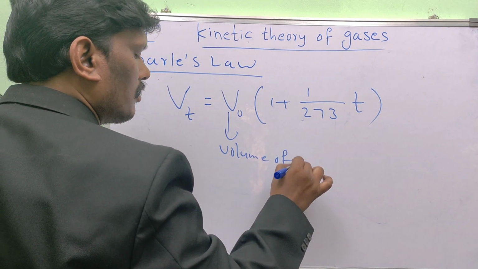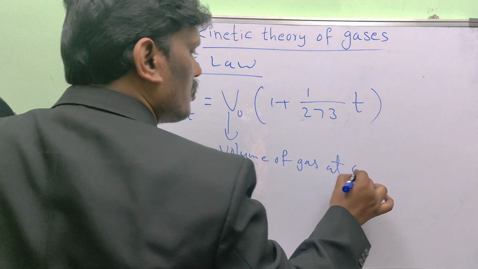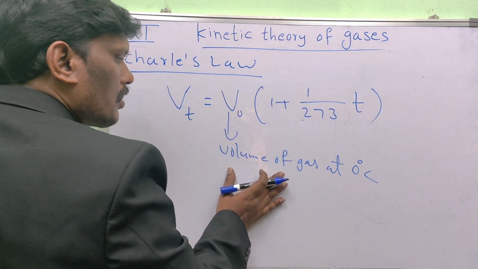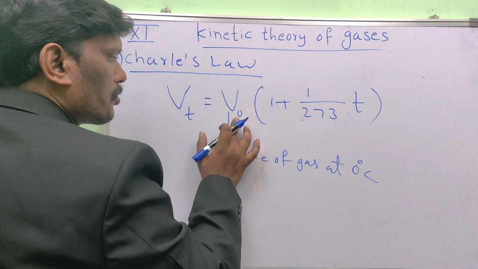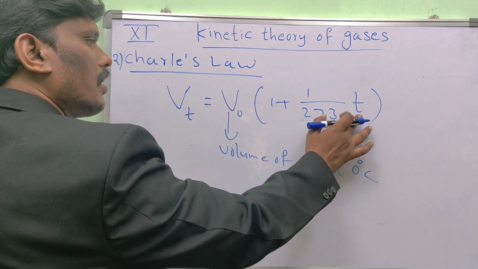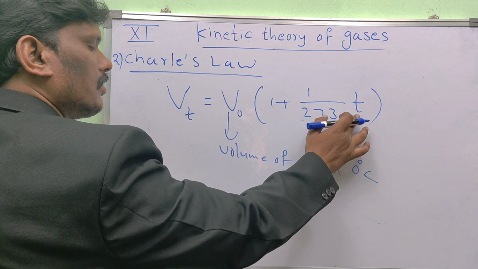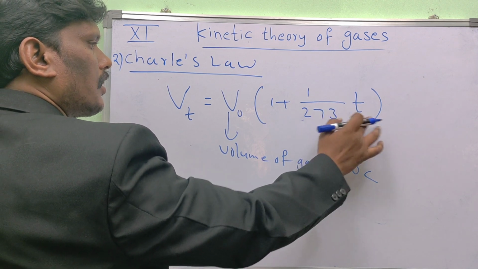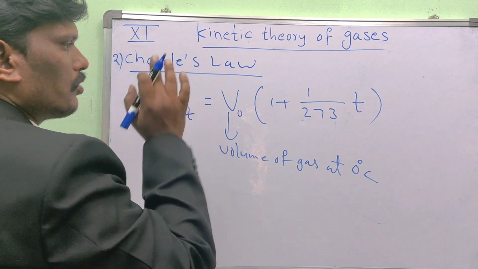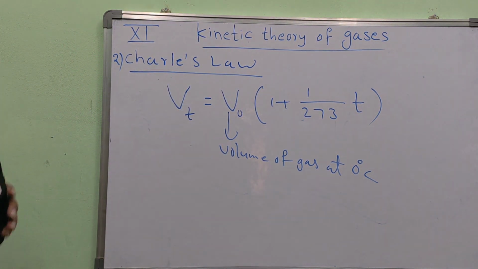If we know the volume of the gas at 0 degrees Celsius, substitute here, and we can calculate the volume of the gas at any temperature. Substitute the temperature and we get the volume at any temperature T by using this relation. Note down, students.